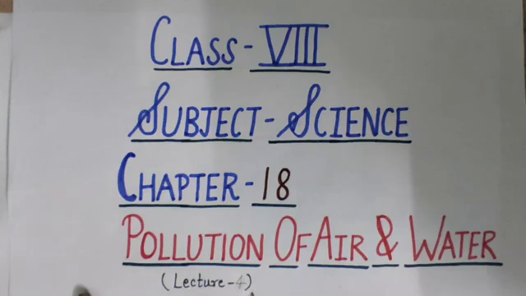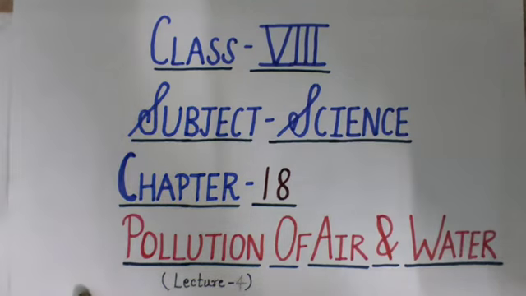In the previous lecture, we have studied what is water pollution, what are the sources, causes and effects of water pollution, and prevention of water pollution. Now in this lecture, we will study some more topics.